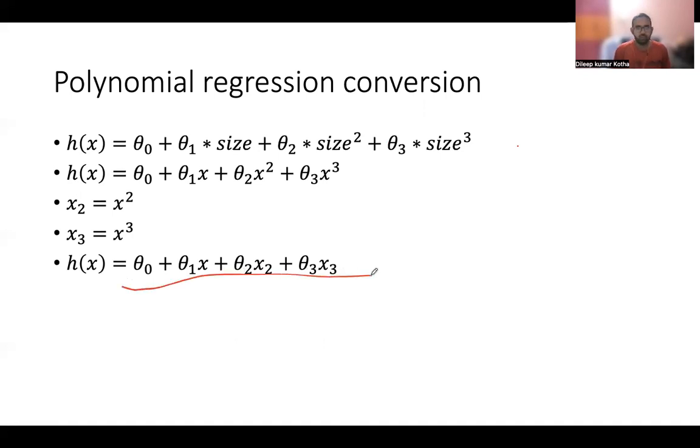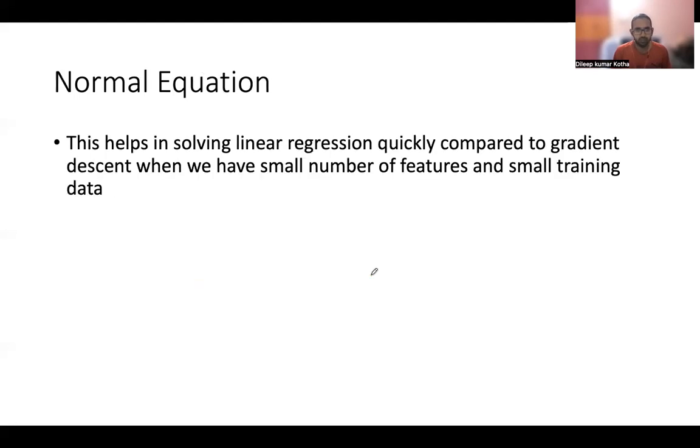So this is how we solve the polynomial regression type equations as well. So it need not be like we always have to put a straight line there. We can put different polynomial equations as well that can fit our data much better. But to solve those problems, we can convert those polynomial equations to a linear form and then use the linear regression methods to solve it. Let's move on.